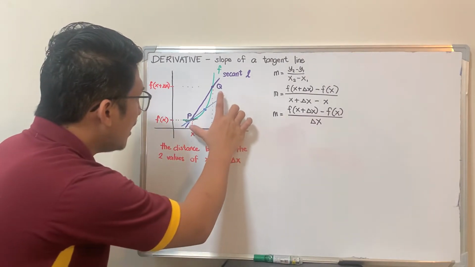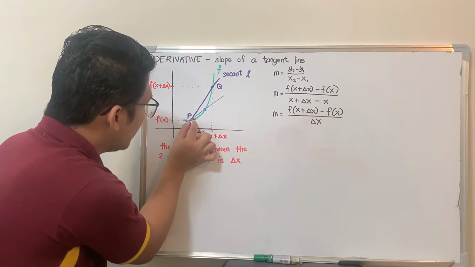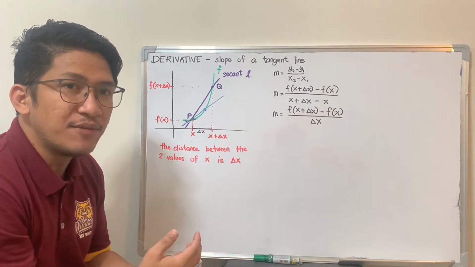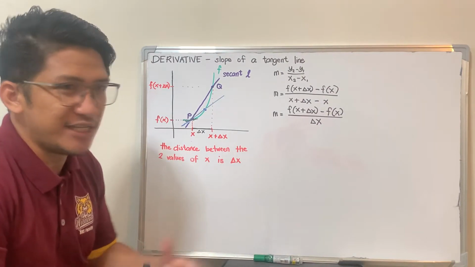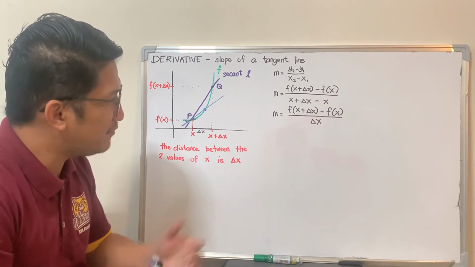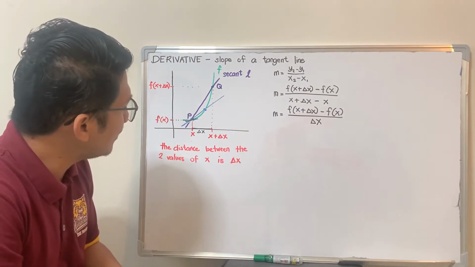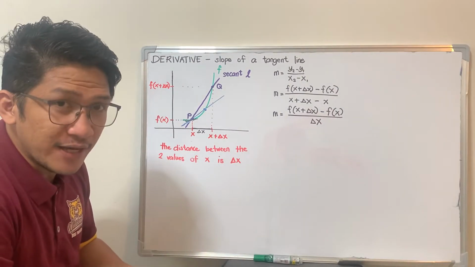Okay? So ang iyang behavior is magkaanam sa kapariha sa imong curve line. So magkaanam lang kapariha. Di ta maingon nga exactly the same. It will just be approximately the same. So estimate ra kita kutob. Okay? So that's the nature sa solving for the slope of the curve line.